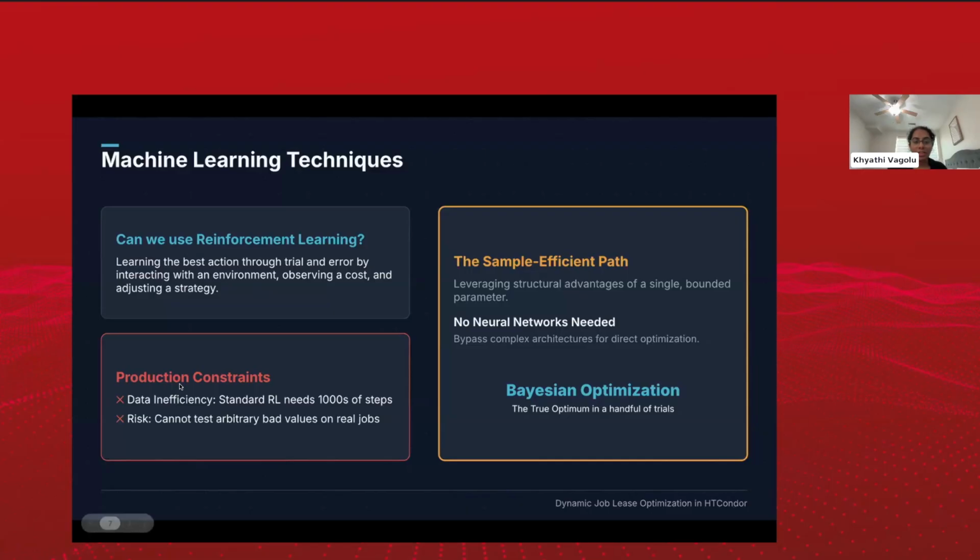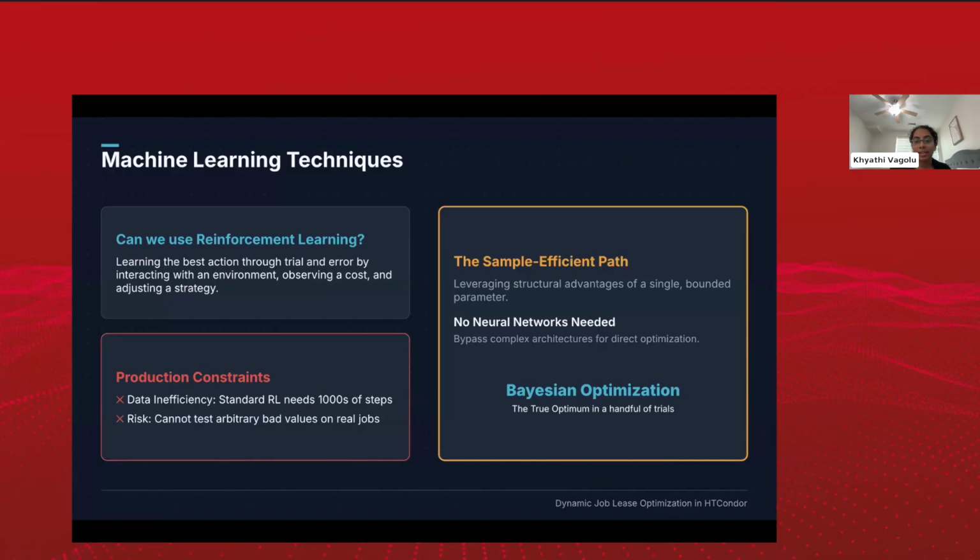But the main issue with reinforcement learning is that it's extremely data inefficient. Standard RL algorithms would take around 1,000 steps to come down to a good optimal policy. And the other problem is that we cannot test lots of arbitrary values on a real system where real users are getting impacted, right?